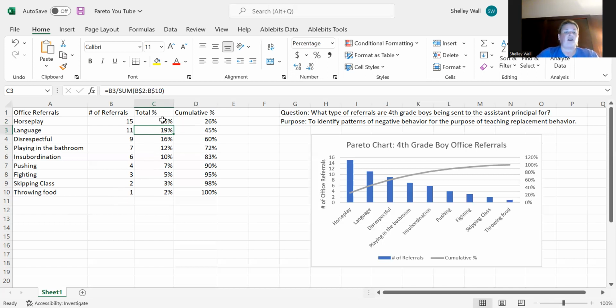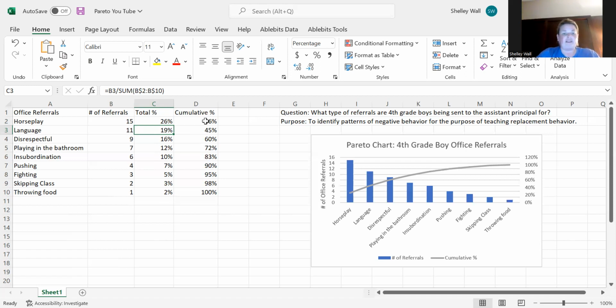As you go down along, you will notice that logically, the smaller the number of referrals gets, the smaller the total percentage is. So one referral was only 2% of the total referrals. Then you go into column D, which we're going to label cumulative percent.